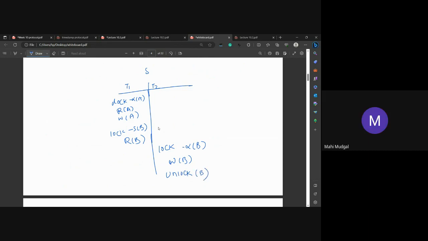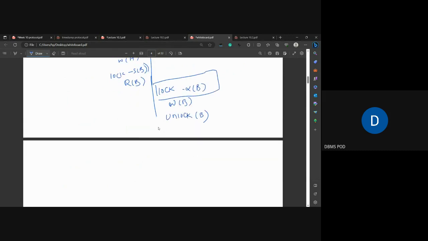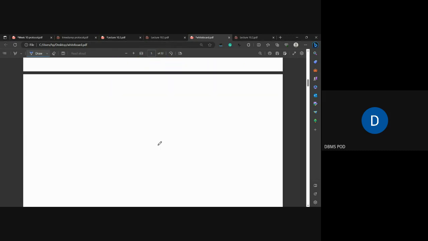No, sir. Why? Because it is not unlocking the first lock. Correct, because we cannot apply the exclusive lock here, right? Correct.